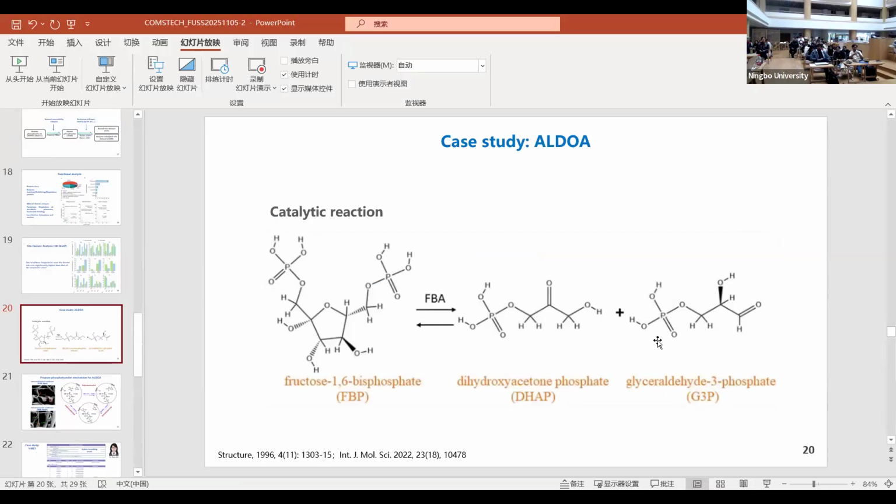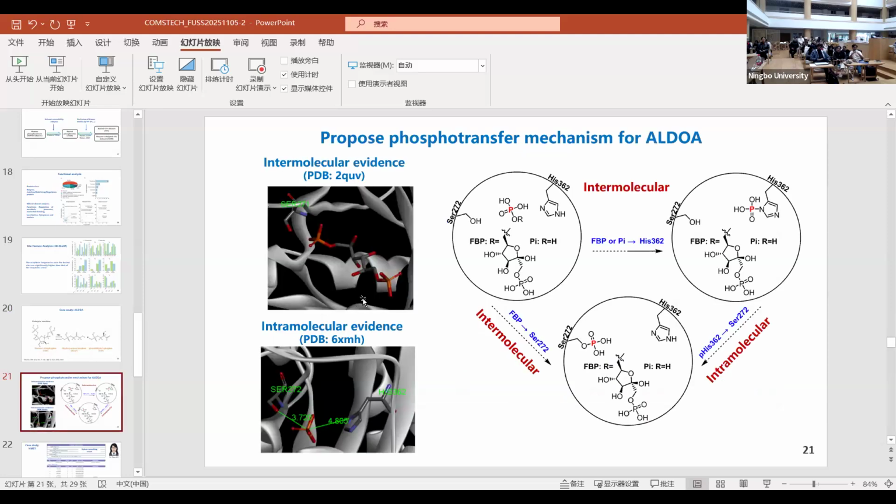Actually, the catalytic process may not be for this protein, but for PGM. PGM is also a kind of protein like this. It's also catalytic, an isomerase, changing the phosphate sugar from position 1 to 6.